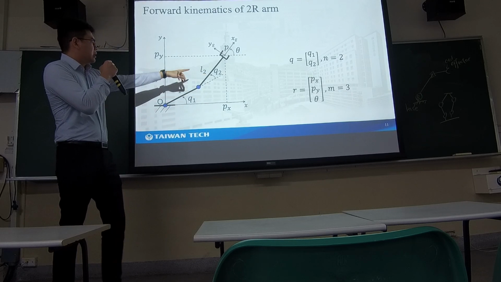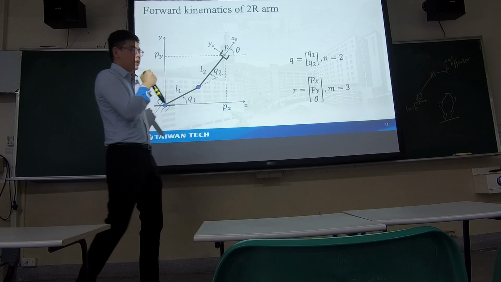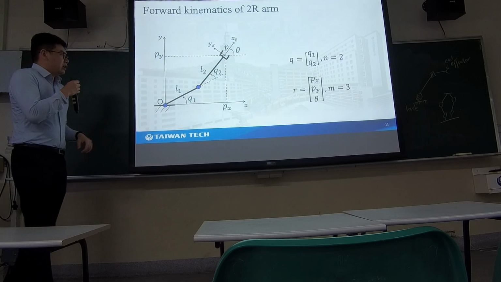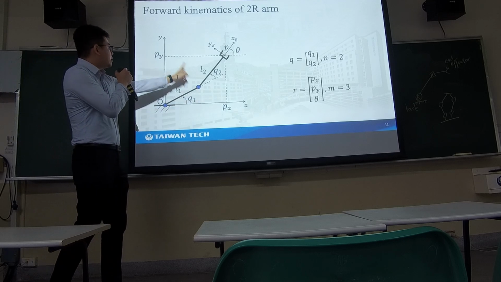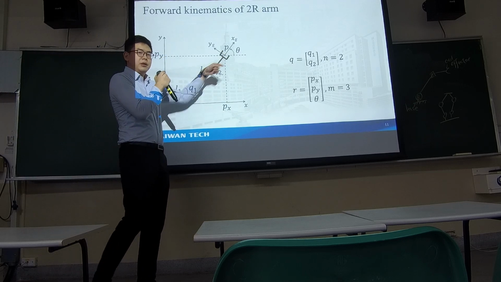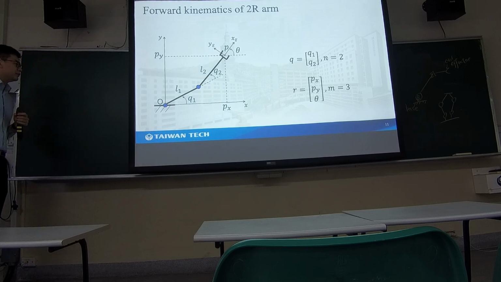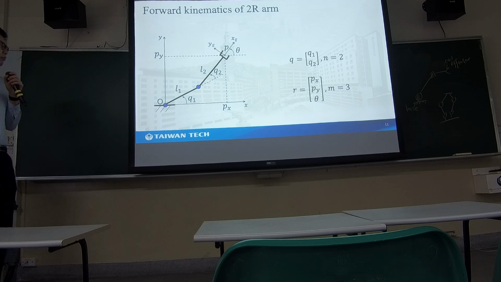So how do you calculate this position P? The output will be Px, Py, and theta. You can try it. I think through basic trigonometry, you can calculate the products.